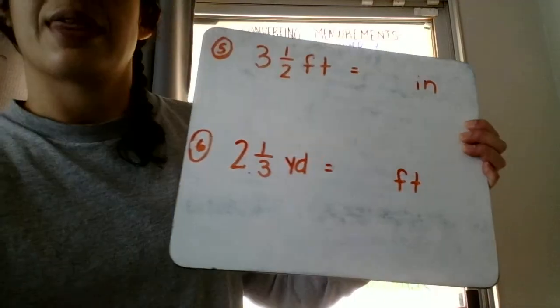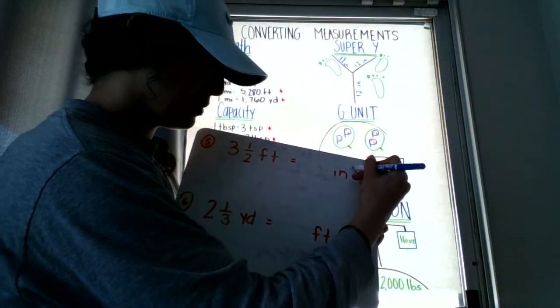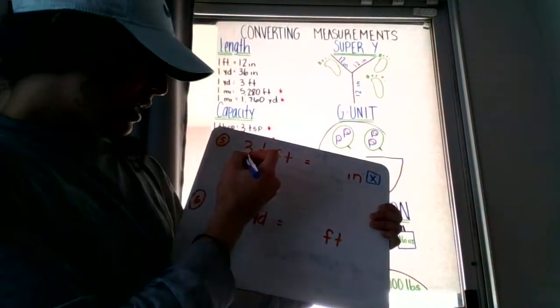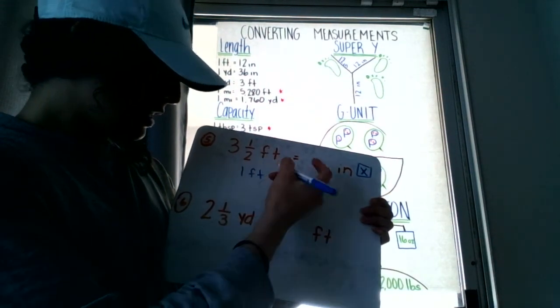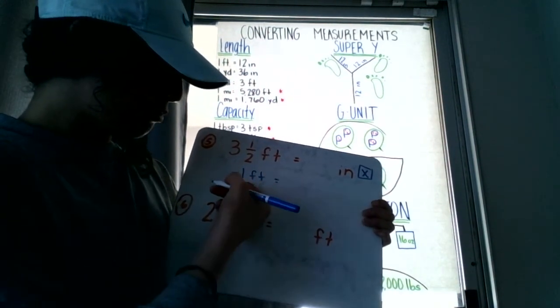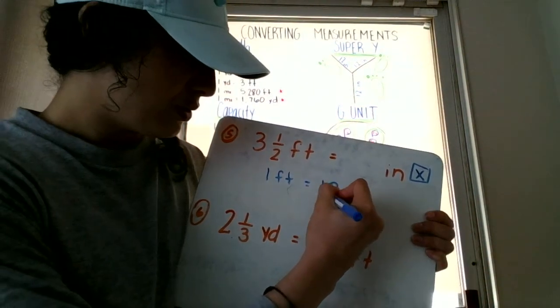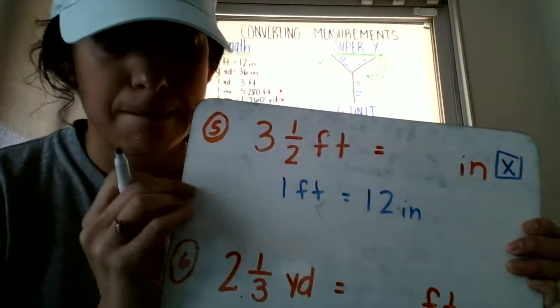Okay, that means I'm going to multiply. So I'm going to put my x up here so that I know I'm multiplying. And I do the same thing. I'm going from a foot to inch. So I know that in 1 foot, I have 12 inches. Okay?